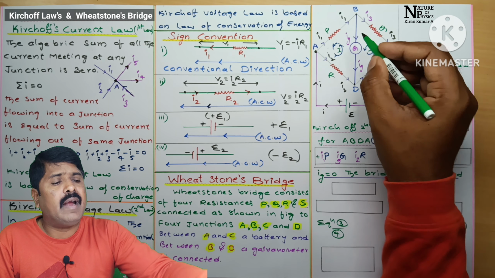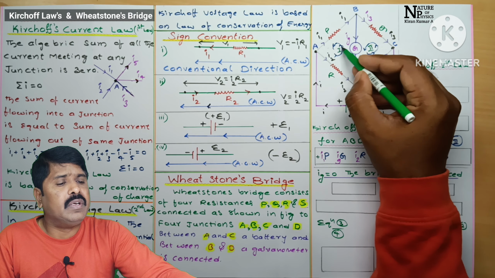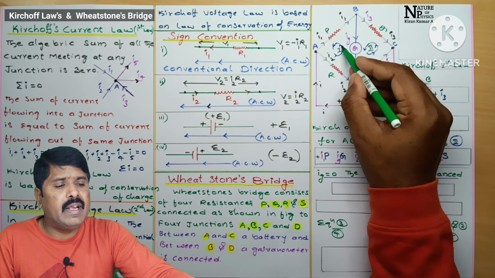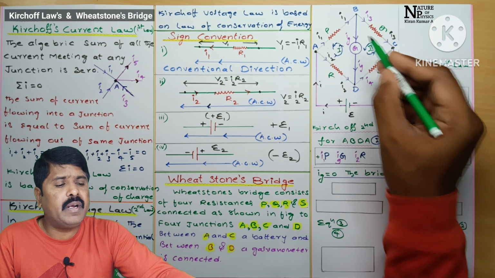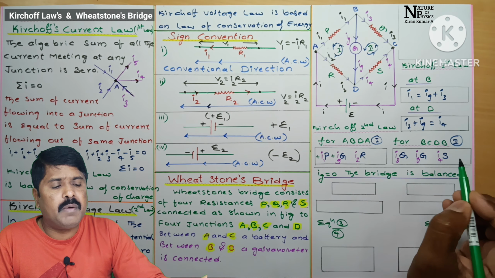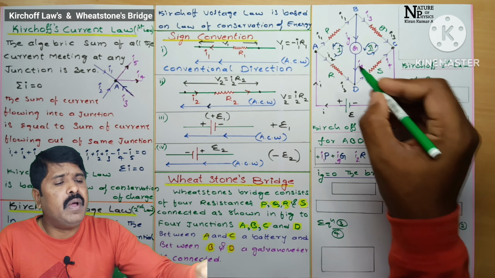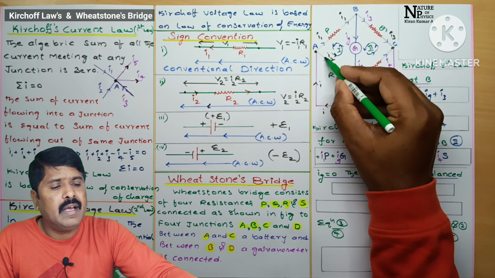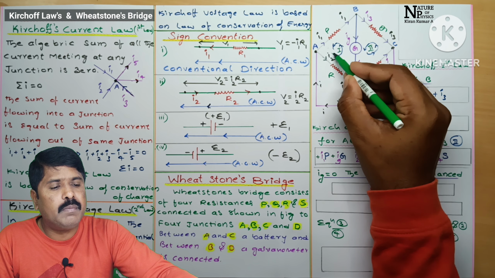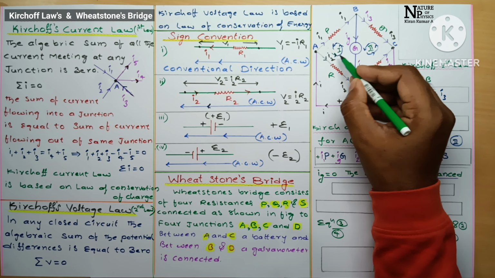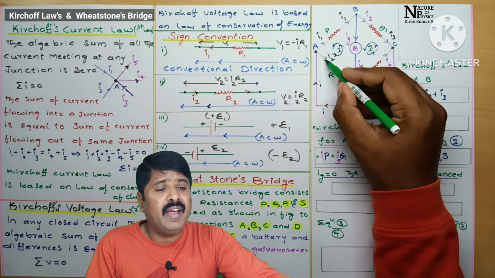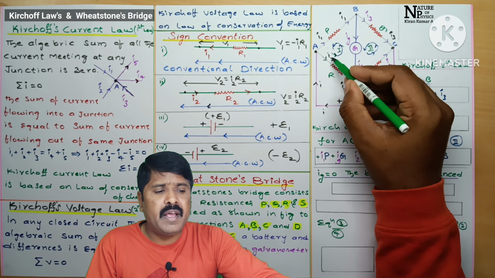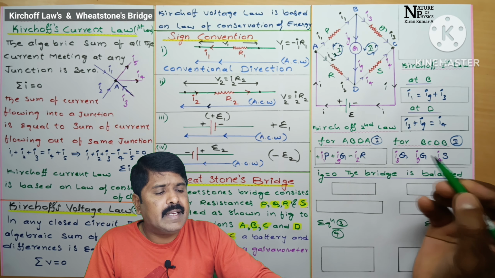The galvanometer current and the sign convention are also in opposite directions, so the galvanometer current is also positive. Next, I2 current: notice that for I2 the current direction and conventional direction are along the same direction. Once again repeating, for I2 the current direction and conventional direction are in the same direction, so it is taken as negative.